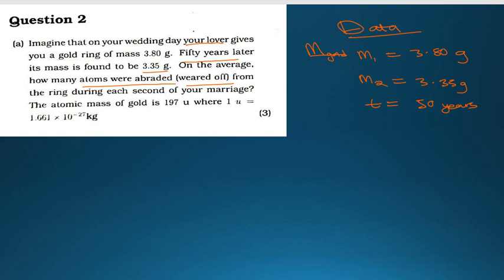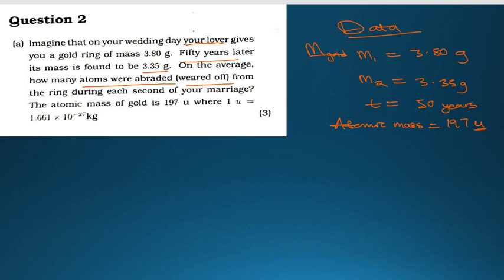This question now. Okay, we're going to do this question step by step. Now, in the question, we have been given the atomic mass, the atomic mass is 197 mass unit number.